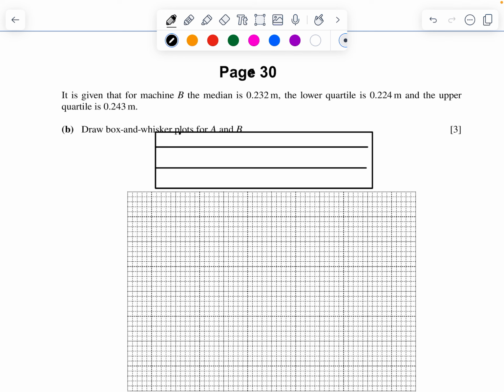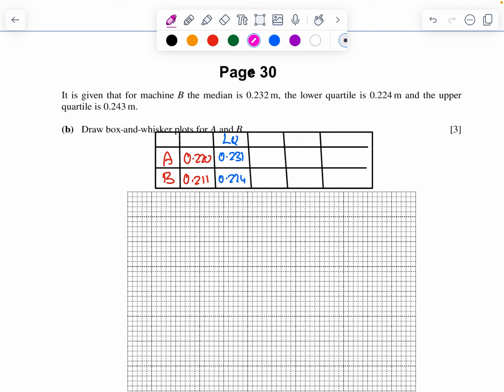So machine A, machine B. I require five points: the least one, lower quartile, median, upper quartile, and the maximum one. For A and B, the least is 0.220 and 0.211, whereas the lower quartile is 0.231 and 0.224.